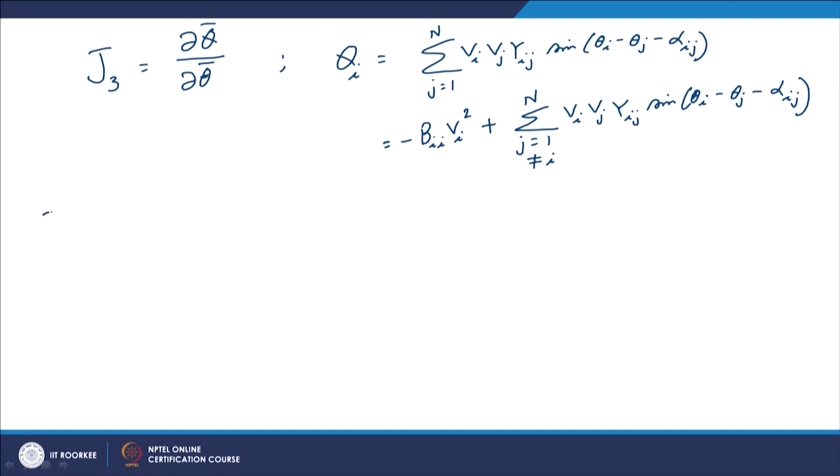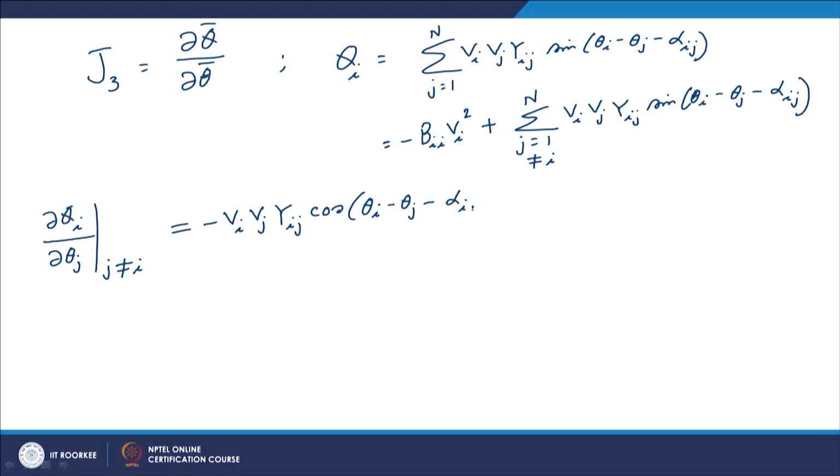Now, we look at the expression del Qi by del theta j, where j is not equal to i. This part would be gone and there would be only one term. So, it would be minus Vi Vj Yij cos(theta i minus theta j minus alpha ij).